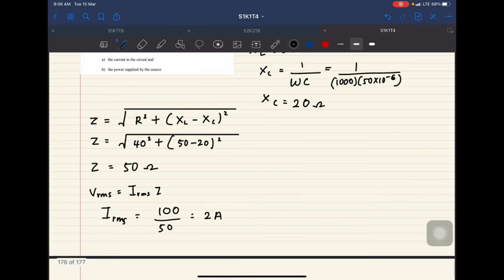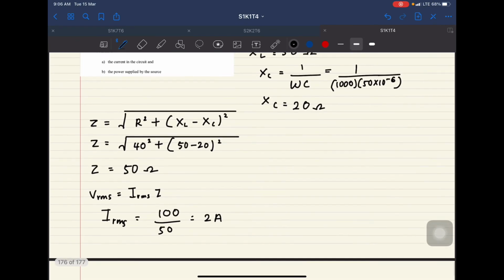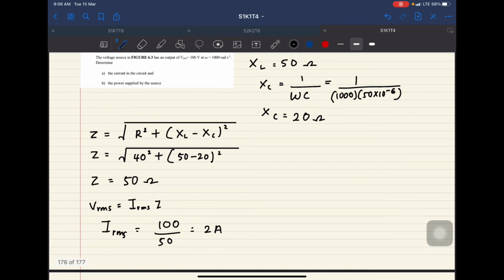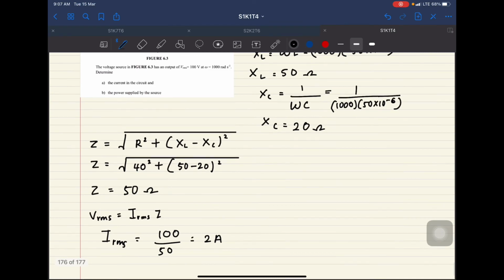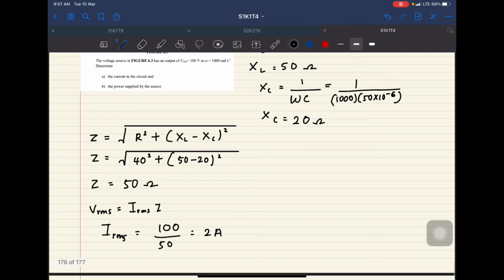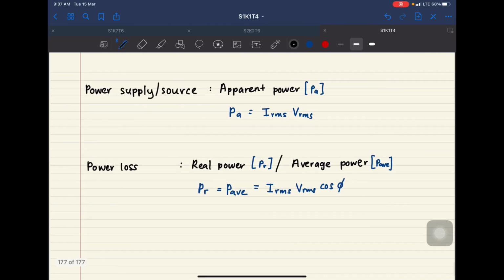Okay. And question B, they want to find the power supplied by the source. To answer this question, you really need to understand what is the difference between power supply and power loss. So power supply here is basically your power source, also known as apparent power.